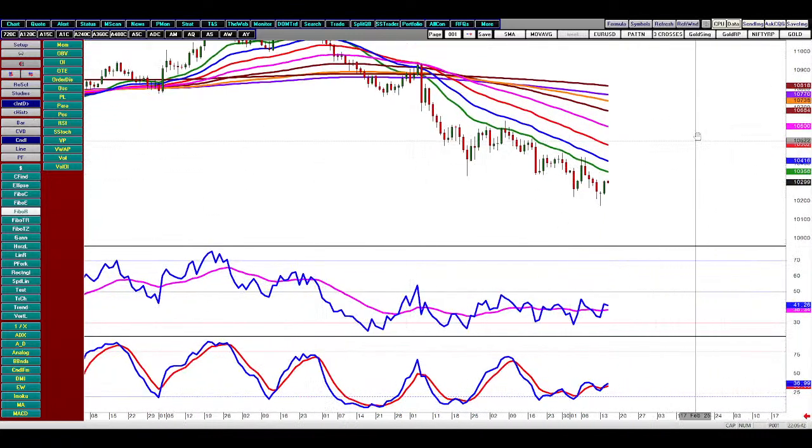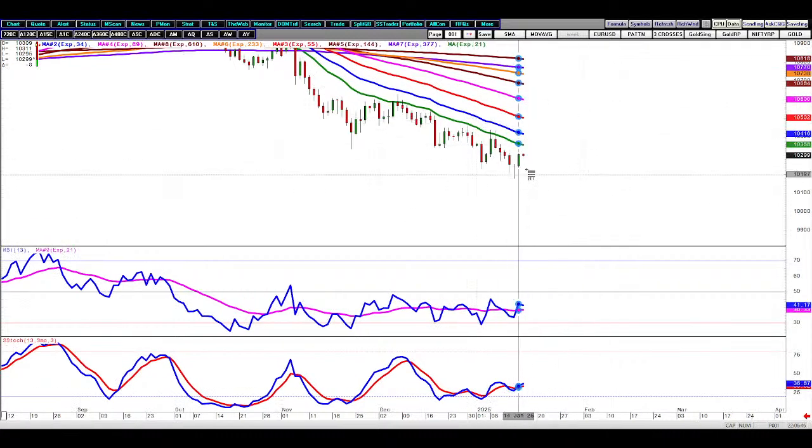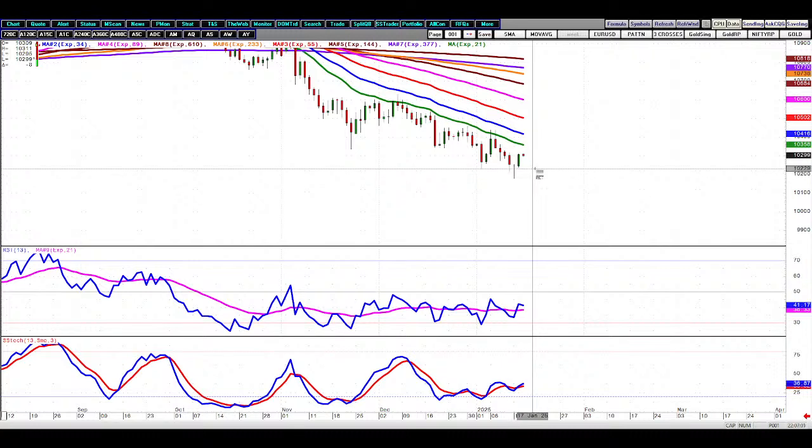If you look into the daily chart, it looks like we may have seen the low, because we are seeing a doji. But the only problem is this is not giving us a confirmation. It is more or less an indication that the market is going to turn up, but we have to wait for confirmation.